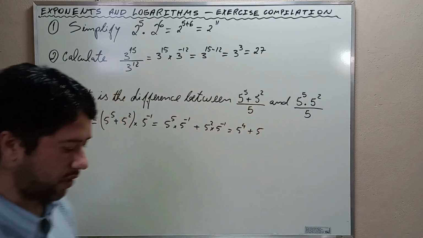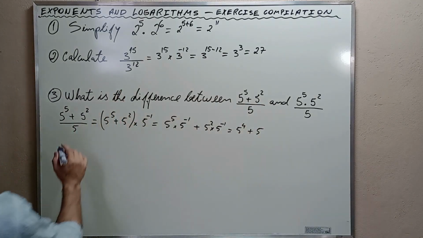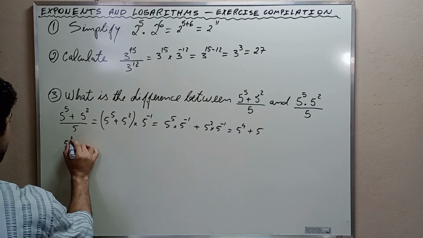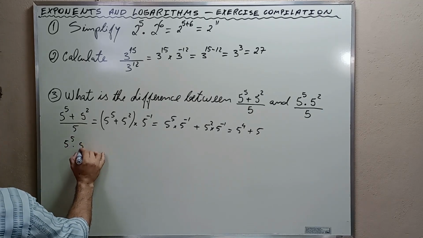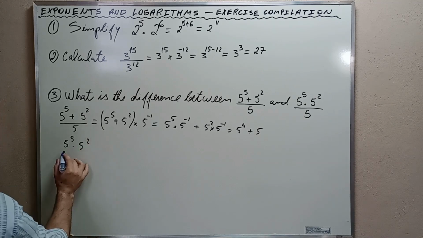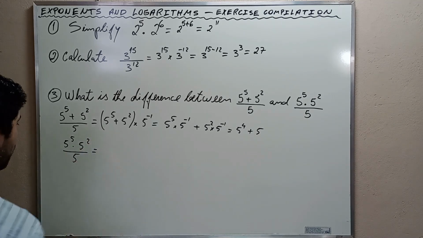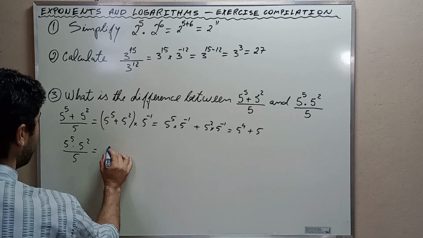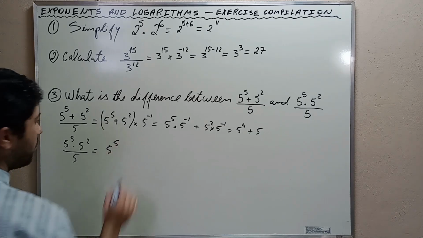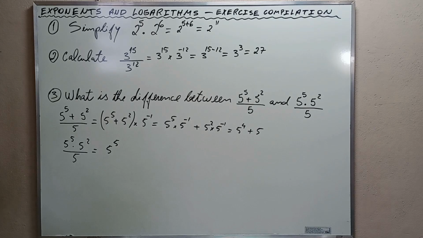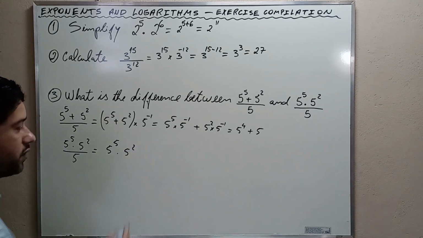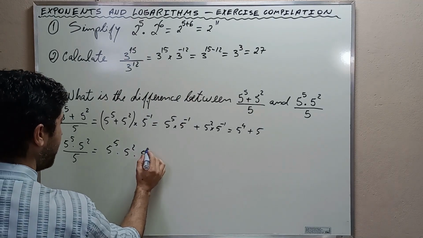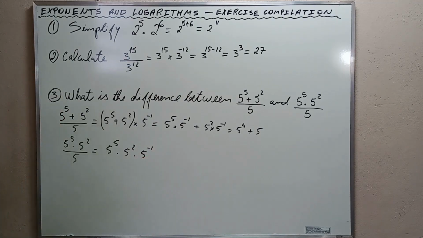Now let's work on this. 5 to the 5th times 5 squared divided by 5 is equal to 5 raised to the 5th power times 5 squared times 5 raised to negative 1.